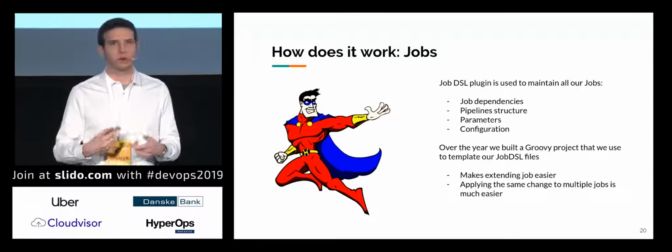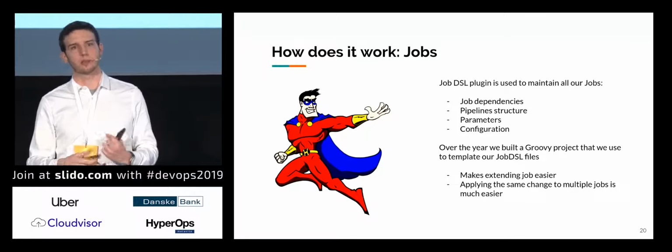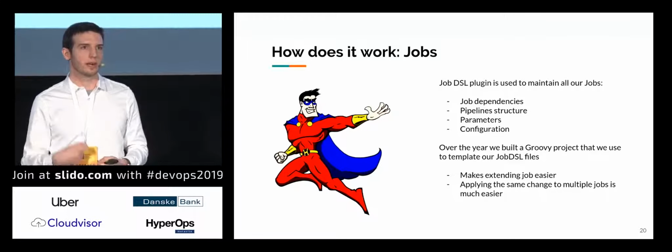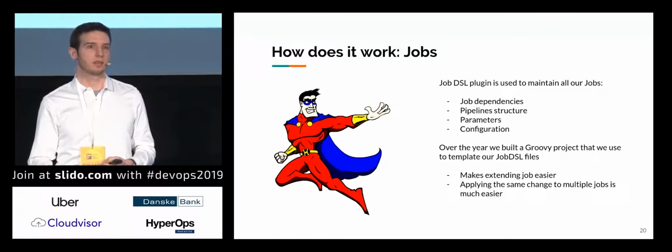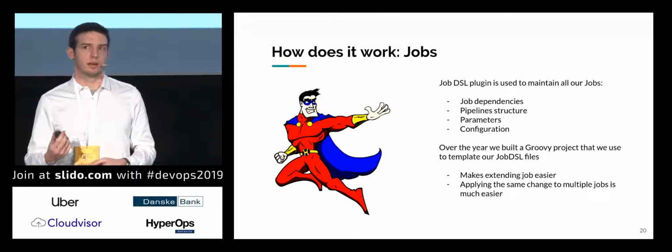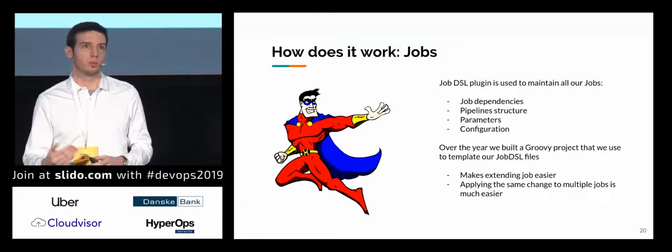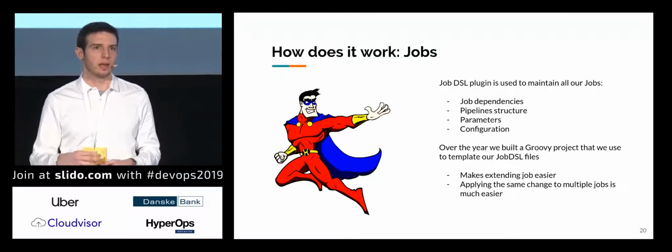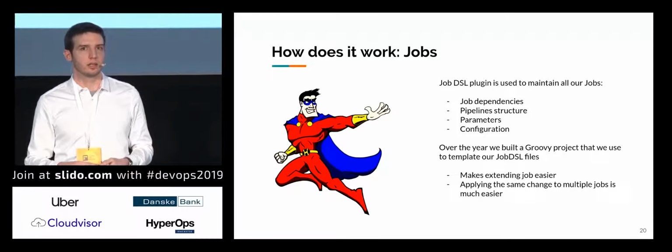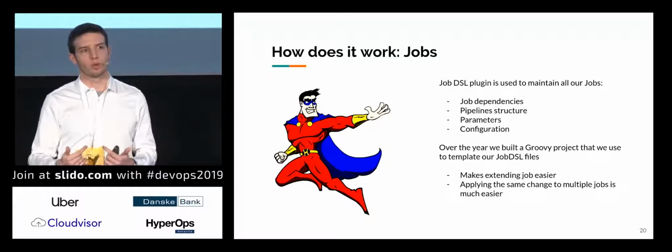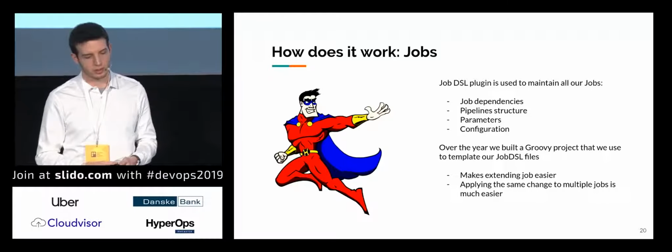So we wrote our own Groovy project over the years. This is a project that's been ongoing since CI2 that basically allows us to generate these DSL files dynamically, and they define for us basically the whole schema. So whenever I want to add a new Postgres version to our CI, I just need to add it to our list, and this will automatically generate the new job and find out automatically all the dependencies from previous jobs, for example.